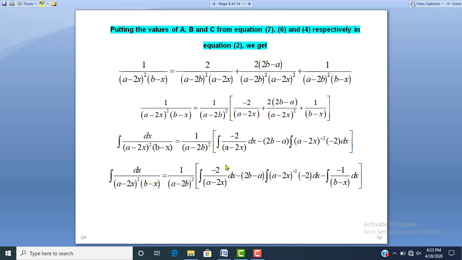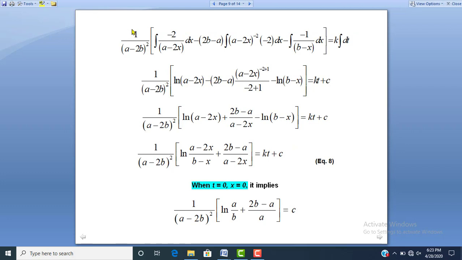When we applied the integration rules, the equation became like this: 1 over (a minus 2b) square into the integral of minus 2 over (a minus 2x) dx, minus (2b minus a) integral of (a minus 2x) raised to power minus 2 into minus 2 dx, minus integral of minus 1 divided by (b minus x) dx.